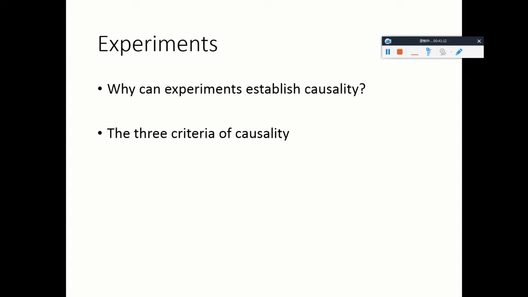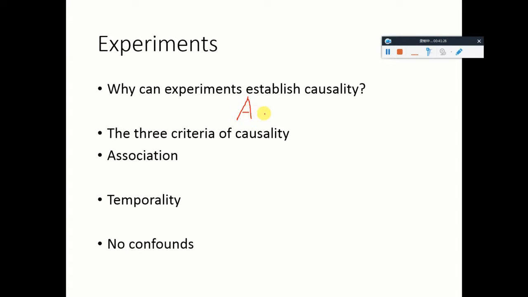If you recall from the first one-third of our class, the three criteria of establishing causality are, given our presumed causal relationship, A causes B, right? First of all, we must be able to establish that A is related to B, that is association.